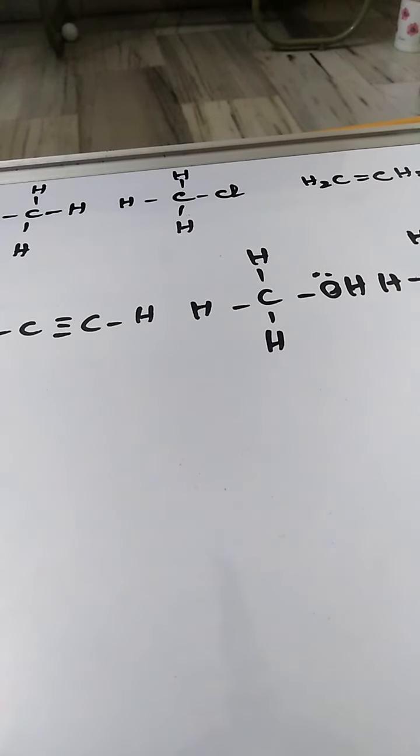And due to this difference, the amount of energy required for the radio waves to flip the protons from the alpha spin state to the beta spin state will also be different. And due to this, the NMR signals will appear in different regions in the NMR spectrum.